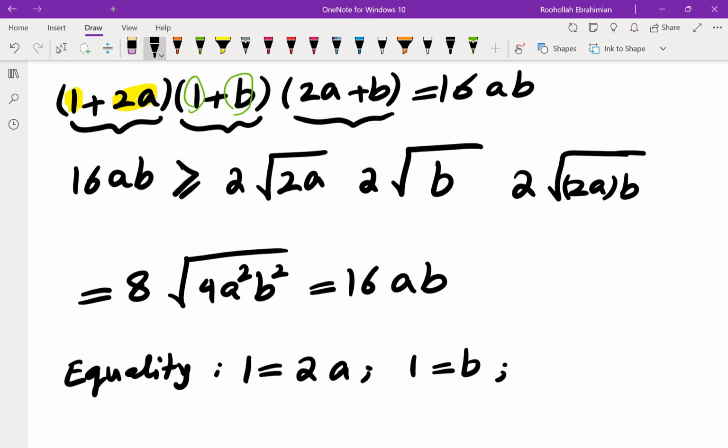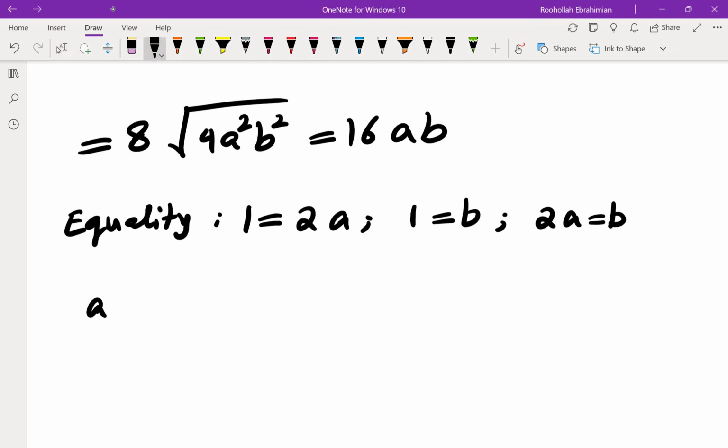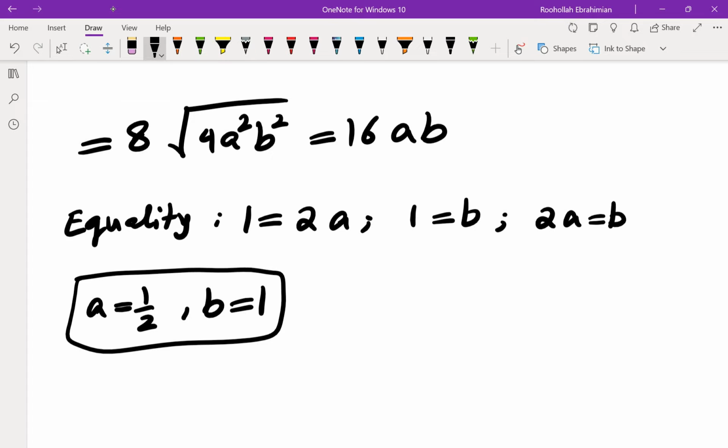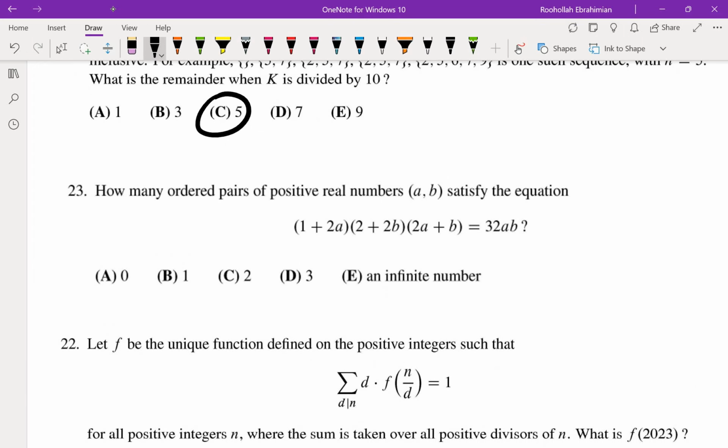And we used it for 2a and b: equality happens if 2a is equal to b. So that tells us a must be 1/2 and b must be 1. And that value also works for the last one, which means there is exactly one solution to this equation.